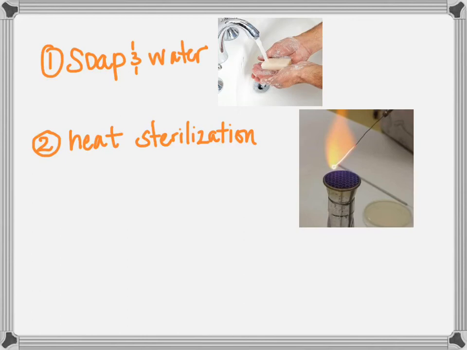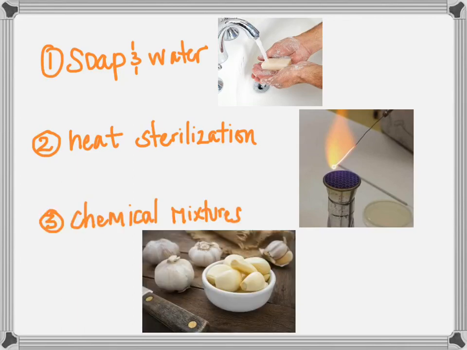Now, obviously, you can't put your hand in a flame, that'd hurt, but instruments, tools, things can be washed in very hot water. Things can be sanitized that way, and bacteria can't become resistant to the effects of heat. And the third, oddly enough, are what we'll call chemical mixtures. Whenever a bacteria is exposed to a single chemical, it's pretty easy for them to build resistance.